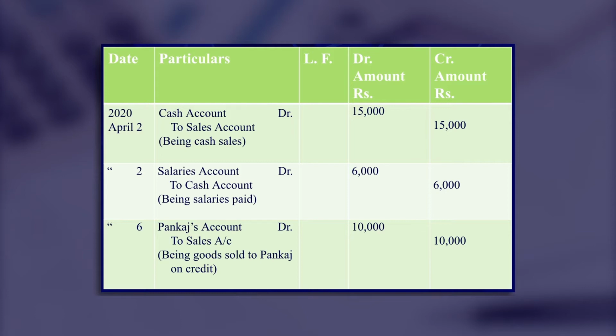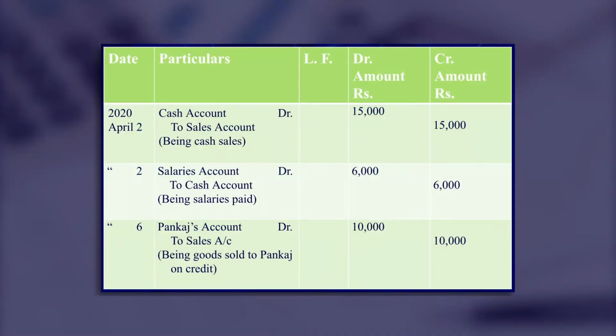and as per the rule of the nominal accounts, we have to credit the revenue accounts or gains accounts. Here sales is a revenue, therefore we credited the sales account, and Pankaj, being a natural person, comes under personal account, and we applied the rule of the personal account, debit the receiver and credit the giver.